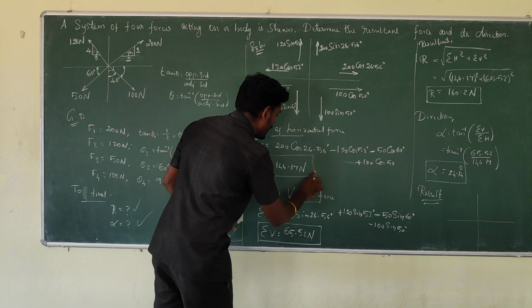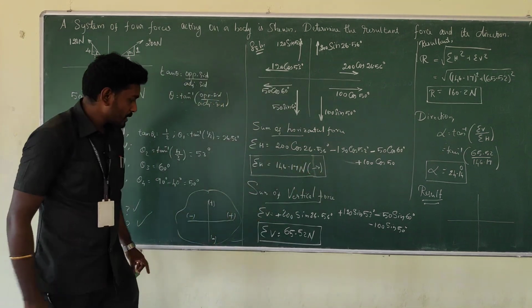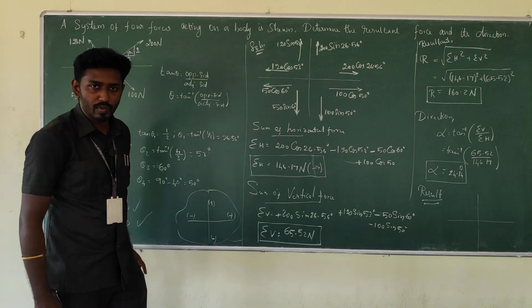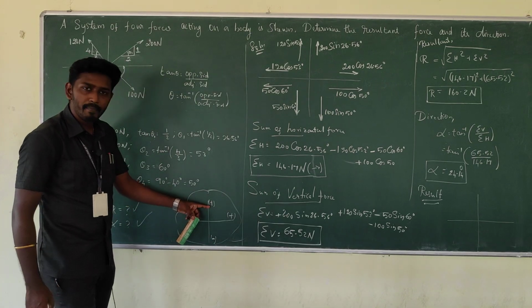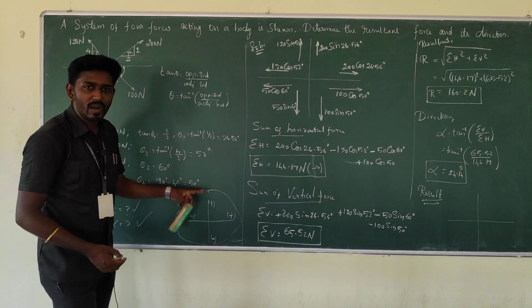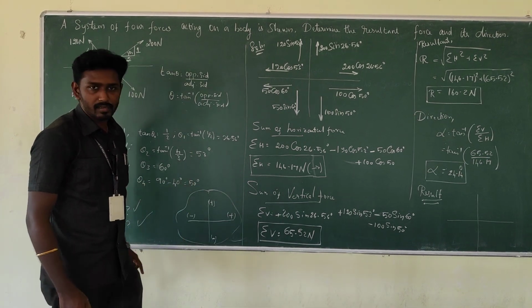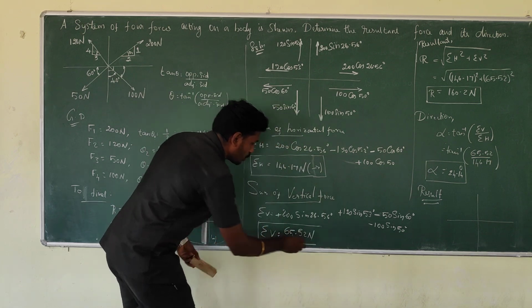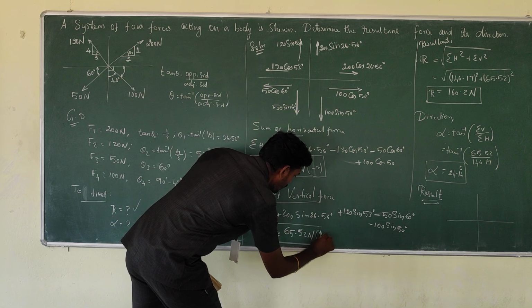So from here itself we can predict it. This force is just moving in the right side horizontally. And what about the vertical force? Vertical force also we got a positive value. So if we got the positive value, it is directing towards where? Upwards, right? So vertically upward, this summation of V is moving vertically upward.